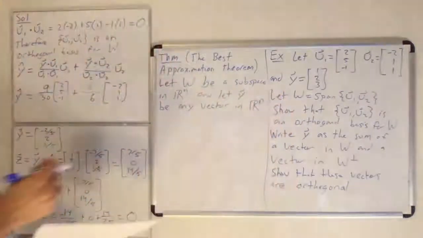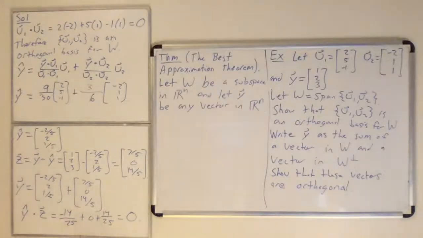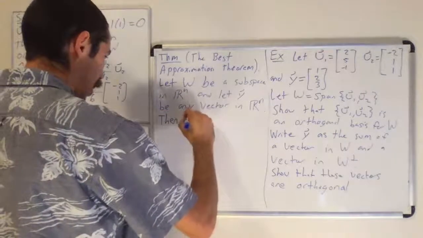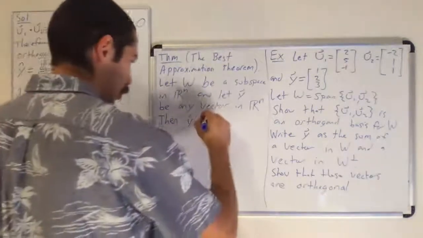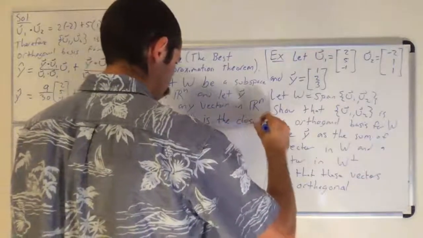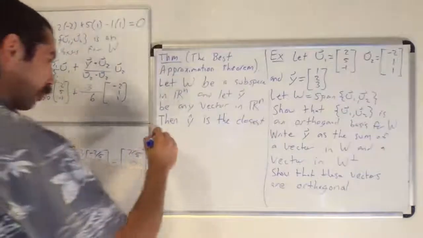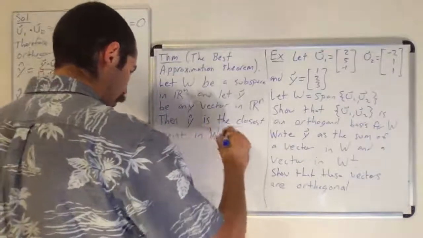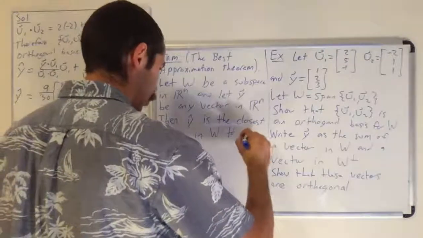Same buildup as before. What the theorem says is then Y hat is the closest point in W to Y.